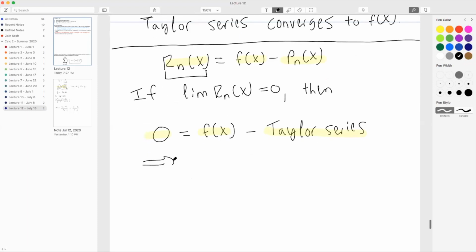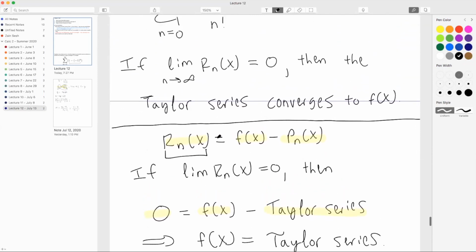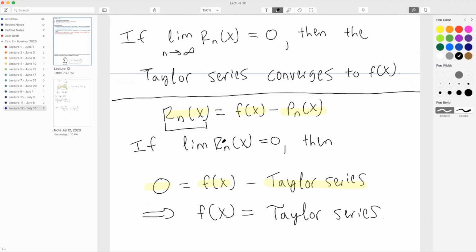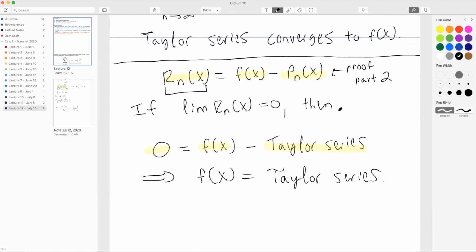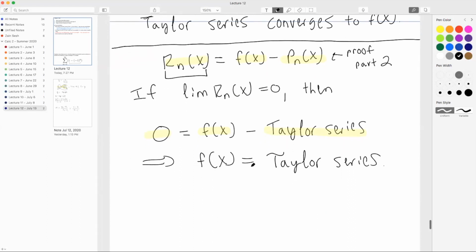Which would then imply that f of x is actually equal to the Taylor series. And that's what we want. So this was a very short proof of part 2 of the theorem. Part 1 is harder to prove, so I'm not going to be doing that, but this was a quick proof of part 2. I hope everyone can see this clearly.